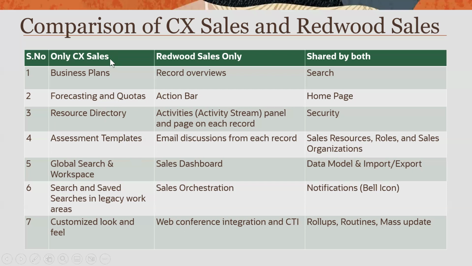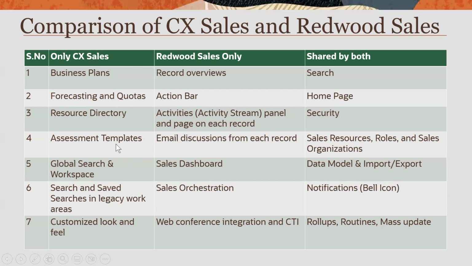The first column will tell the features available only in CX Sales as of now. Business plans are available only in CX Sales. Forecasting and quotas are not yet released, so we still have them in CX Sales. Resource directory, assessment templates.